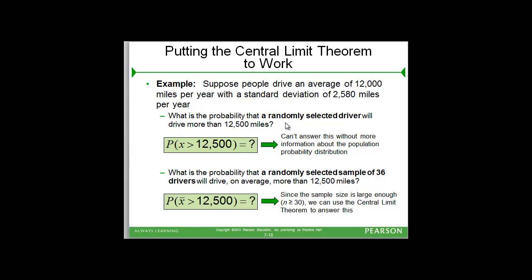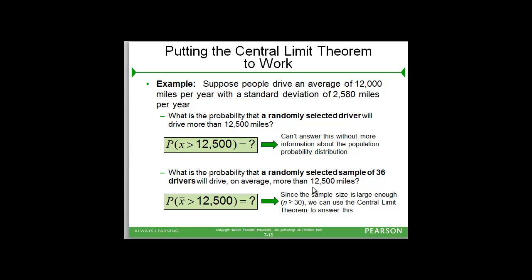Question: what is the probability that a randomly selected driver will drive more than 12,500 miles? Well, we cannot answer this question without more information about the population probability distribution, right? However, if we put it this way: what is the probability that a randomly selected sample of 36 drivers will drive on average more than 12,500 miles?